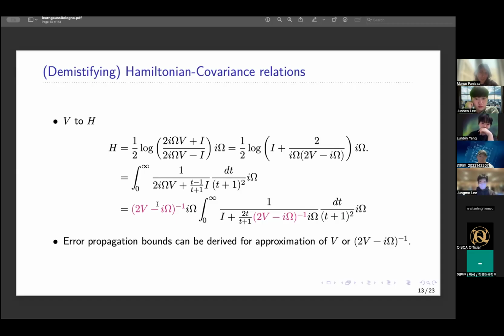because in this way we can express everything in terms of (2V minus iΩ) inverse.